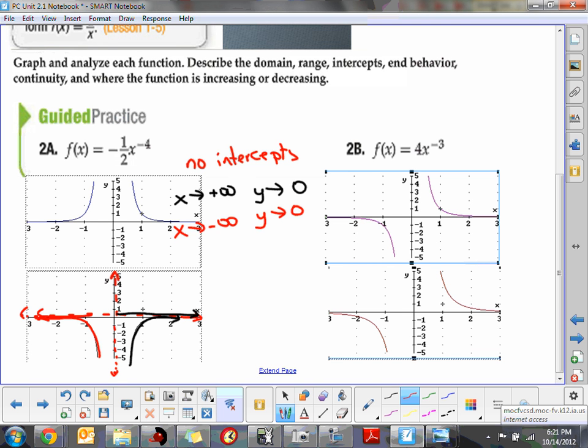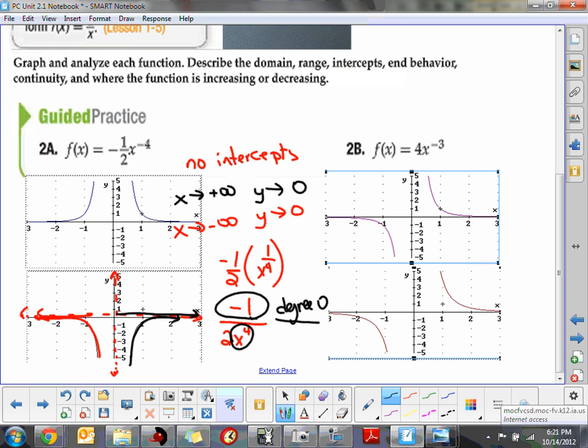Again, I'll put a little plug into what we learned last year. What we have is a power model that says negative 1/2 times 1 over x to the 4th. If we rewrote this whole thing, it's negative 1 all over 2x to the 4th. The top is a degree 0, so we're talking about degrees. That's a degree 0 over a degree 4.